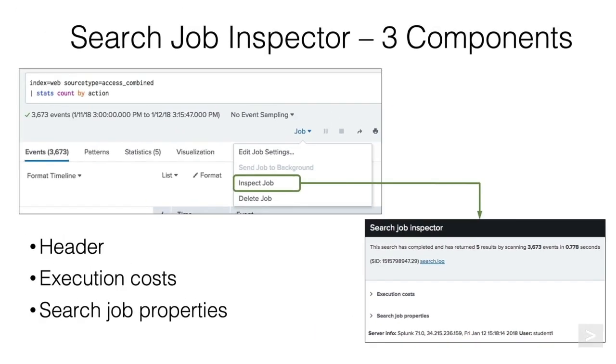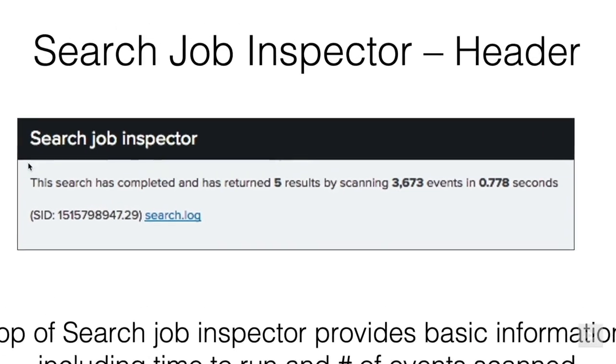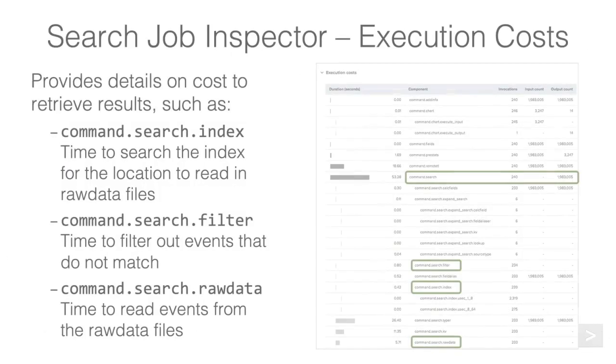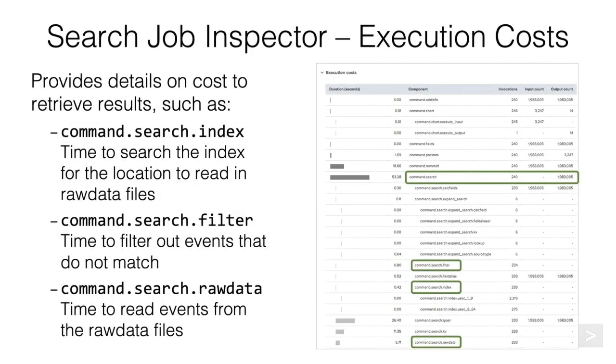We'll start off by running a search, examining the header up at the very top, which will provide us with some information about the number of results that were returned and scanned, as well as the overall runtime of the search. And then we'll jump down into the search job properties and the execution costs.